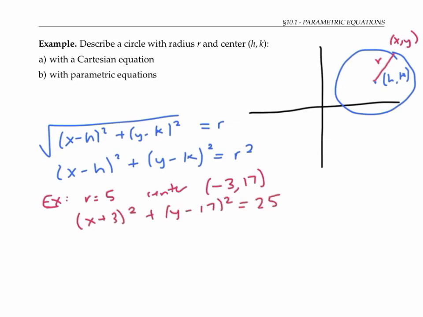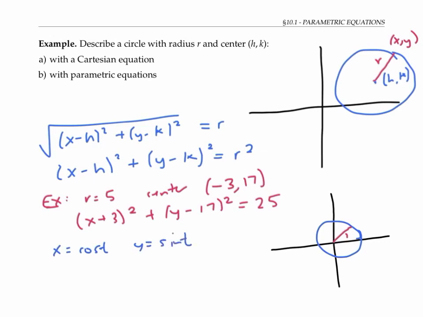One way to find the equation of a general circle in parametric equations is to start with the unit circle and work our way up. We know that the unit circle, with radius 1, centered at the origin, is given by x = cos t and y = sin t. If we want a circle of radius r centered around the origin instead, then we need to expand everything by a factor of r.